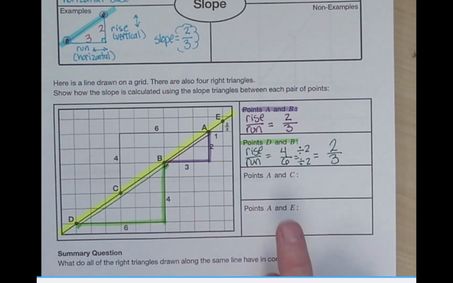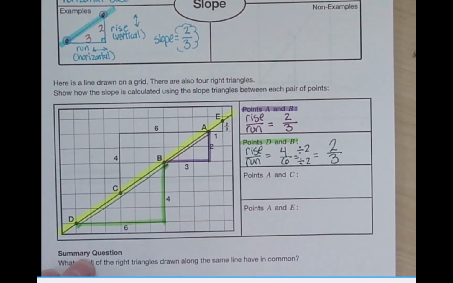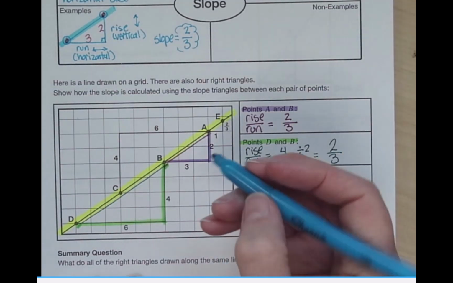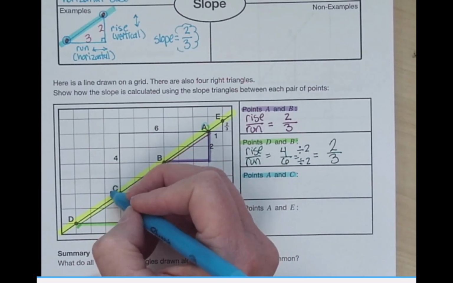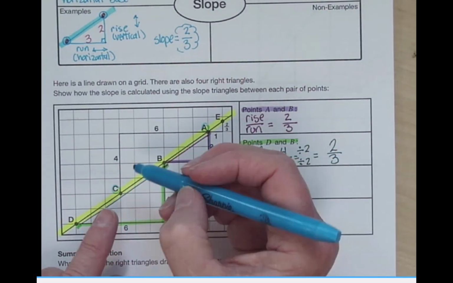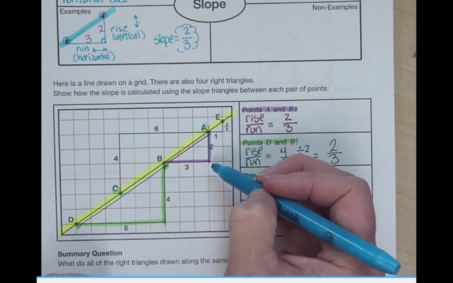We're going to keep going just to make the point. Let's look at points A and C. I'm going to do this in a blue highlighter. Here's point A, here's point C. And it looks like this time we're getting a little busy down here, so we can go up and over just as well as go down and over.